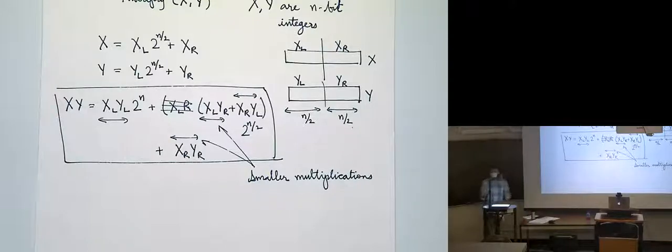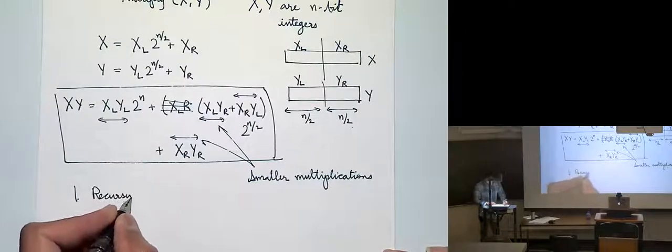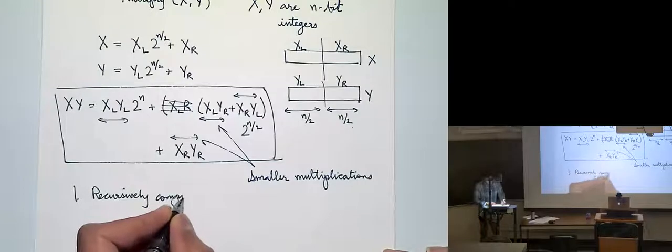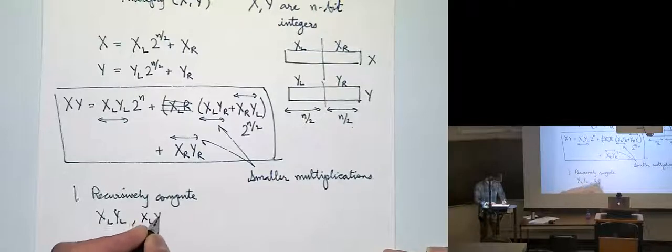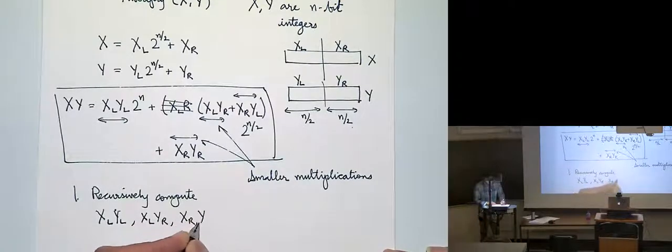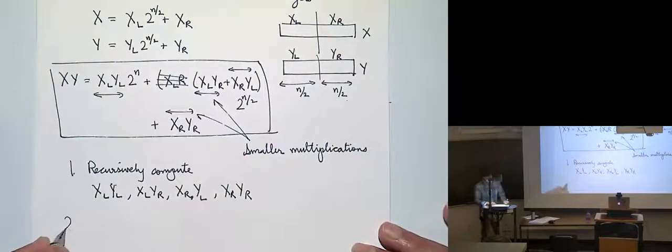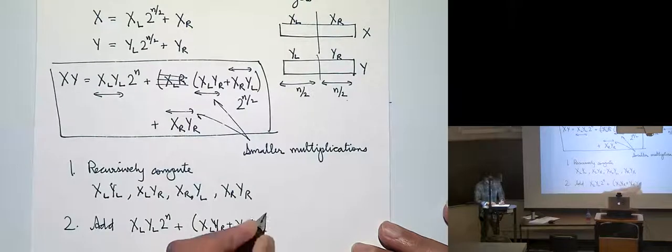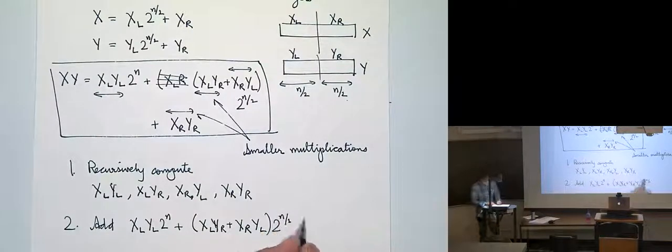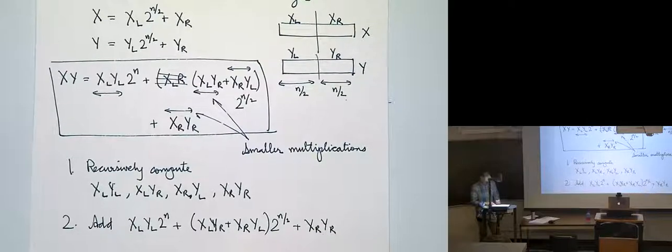So here's my overall algorithm. I could say: recursively compute xl yl, xl yr, xr yl, and xr yr, and then add xl yl times 2 to the n plus xl yr plus xr yl times 2 to the n over 2 plus xr yr.